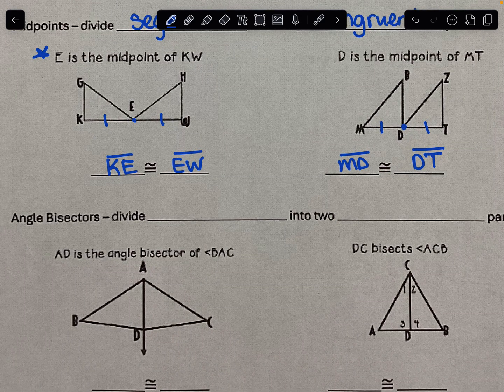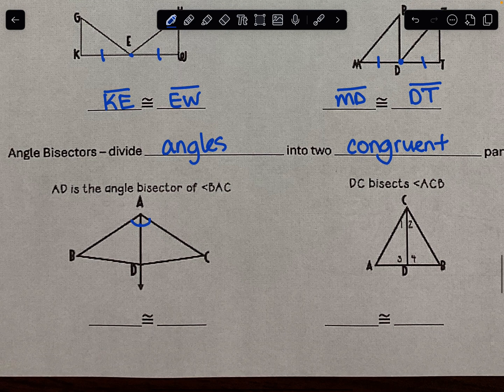Angle bisectors divide angles into two congruent parts. We've talked about this before already, right? We know a bisector cuts something in half. So if AD bisects the angle BAC, what do I know about these two angles here? Yeah, these two angles are congruent to each other. How would I name those two angles?